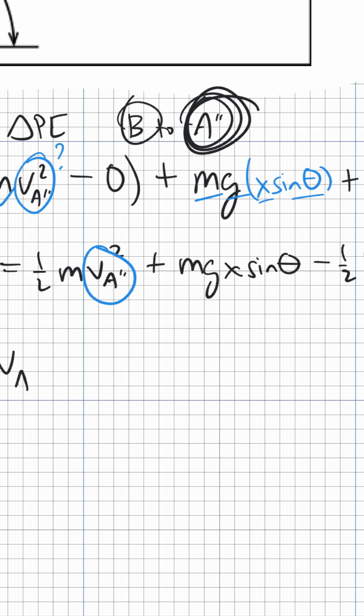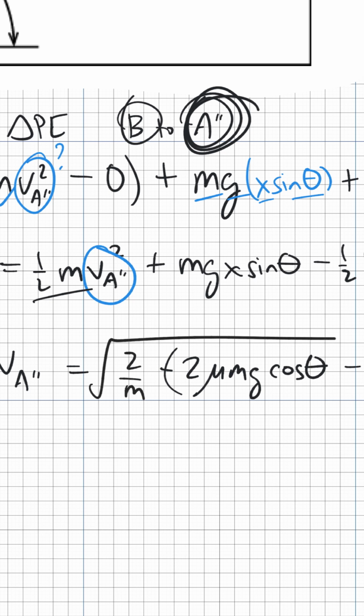Okay, so VA double prime equals, let's see, negative 2 mu mg cosine theta D minus mgx sine theta plus 1/2 kx squared. Okay, so we're going to take all of this, and we're going to do 2 over m, and we're going to put a giant square root on it all.